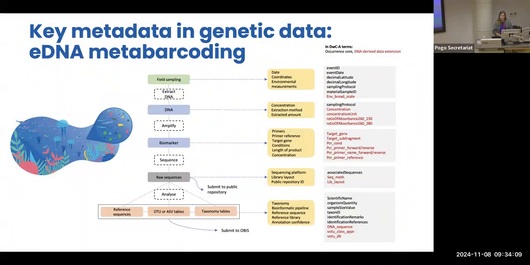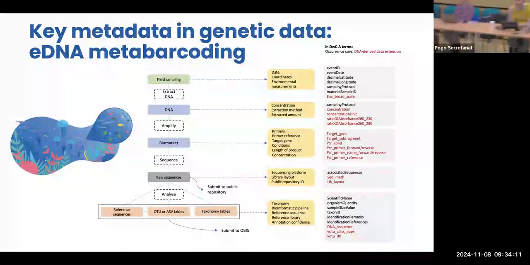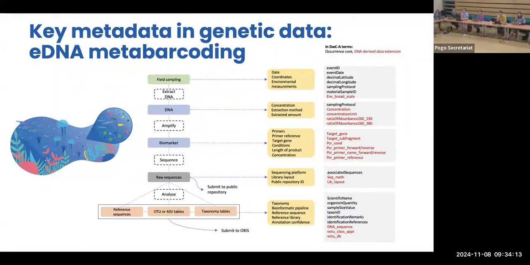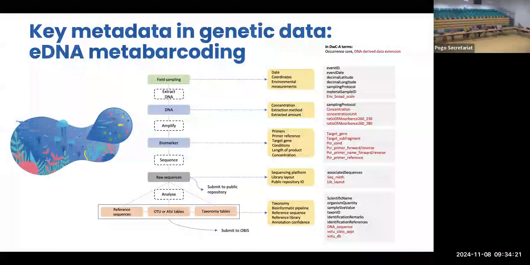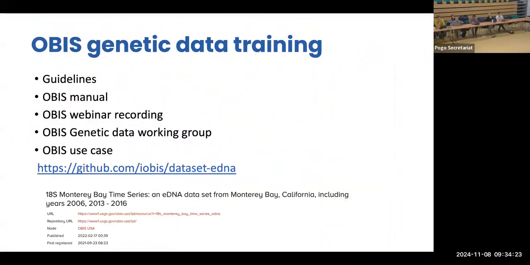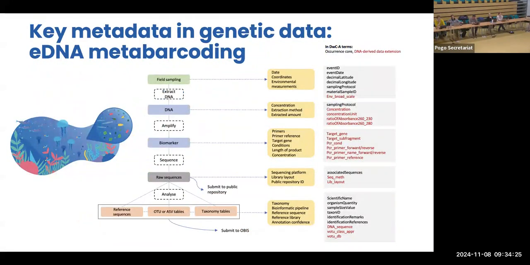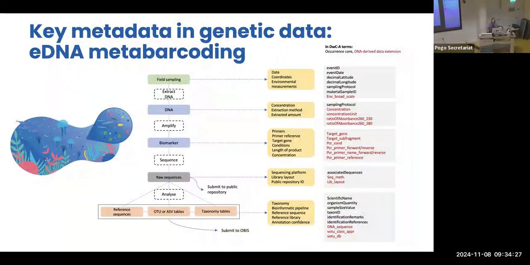If you don't have your absorbance 260/230 ratio, you don't need to, but if you have it and you want to share it, you can. There are 8 required terms, and that's pretty much it. After that, it's up to you as to how much you want to add.